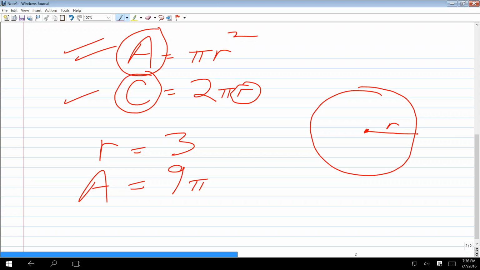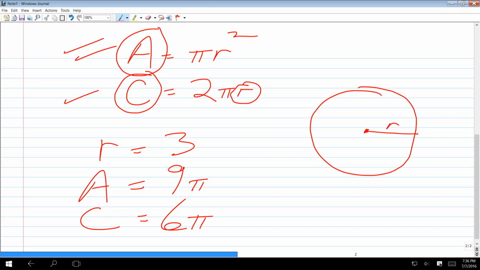What's the circumference? The circumference would be 2 pi 3, 6 pi. Always multiply your numbers together.